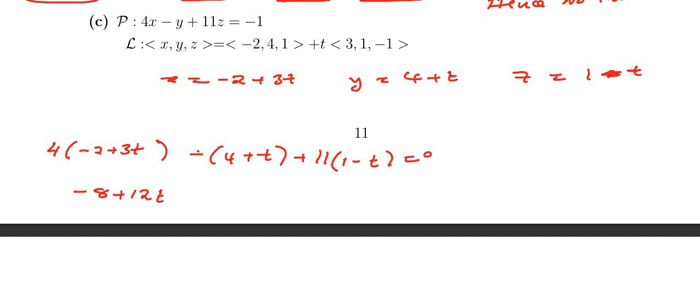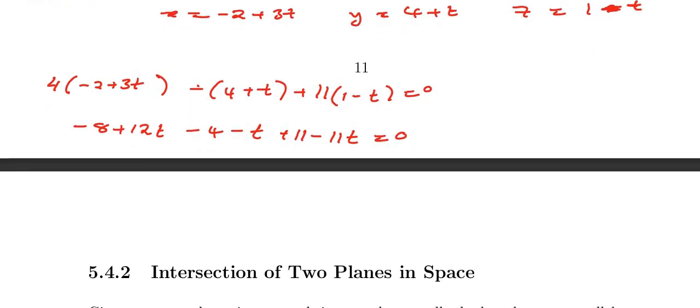This is 12t minus 4 minus t plus 11 minus 11t is equal to 0. So 12t minus t minus 11t: this is 12 minus 1, that's 11, minus 11.